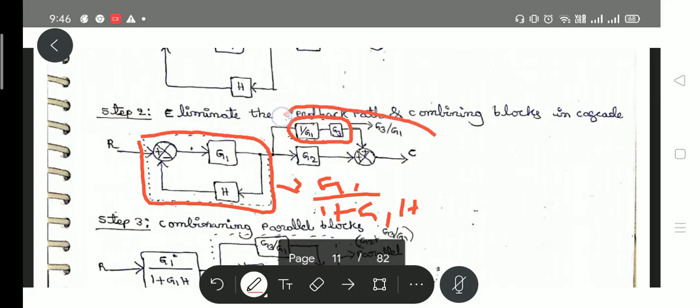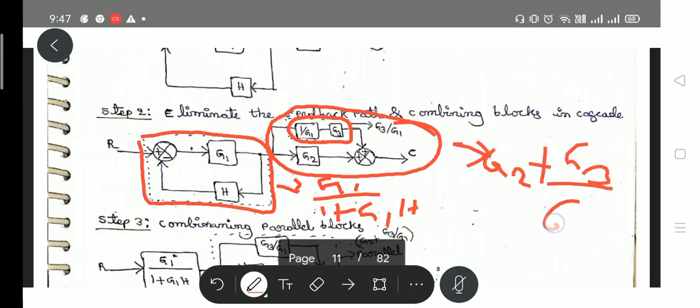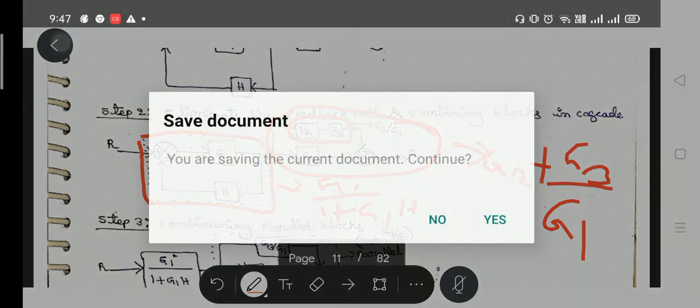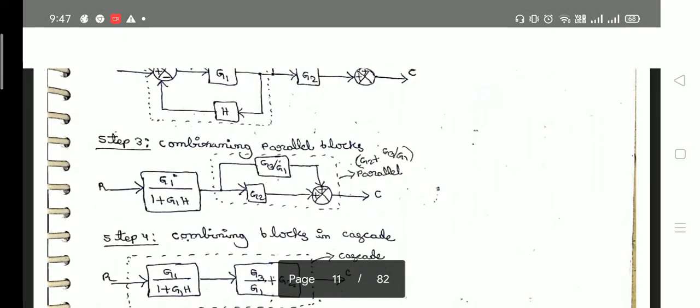After that, these two are in parallel connection. So what will happen? G2 plus G3 by G1. After this, these both are in cascaded connection. I will explain stepwise.